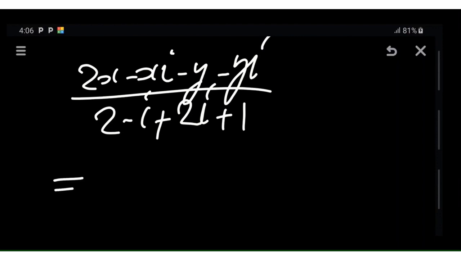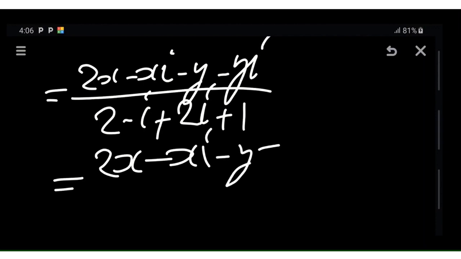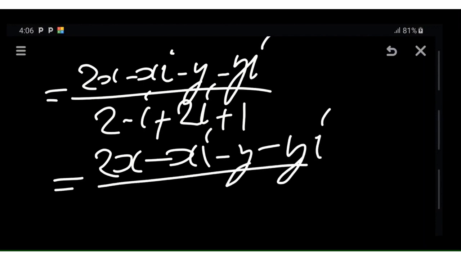Now in the denominator we have 2 plus 1 is 3, minus i plus 2i is plus i.